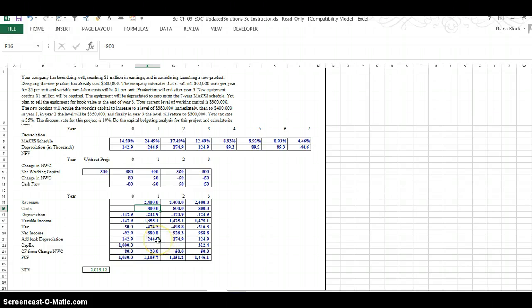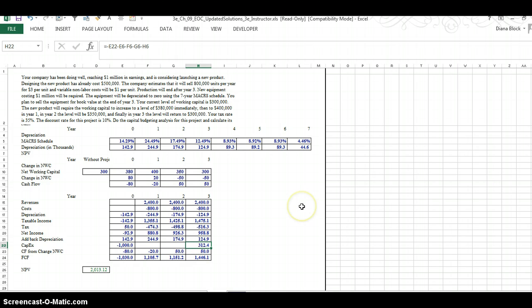You're going to add the depreciation for that particular year back on. There are no capital expenditures after the first year, not for years 2 and 3. Then you're going to subtract the change in net working capital to end up with your free cash flow.